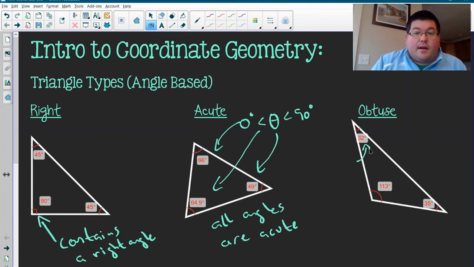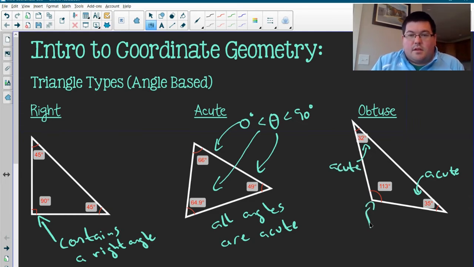Lastly, obtuse triangles, described by having, you'll notice 2 of these angles are not obtuse, right? This is acute, and this is acute. Well, those of you who are still following along here at home may notice if we were to have more than one obtuse angle, we wouldn't have a triangle anymore, right?